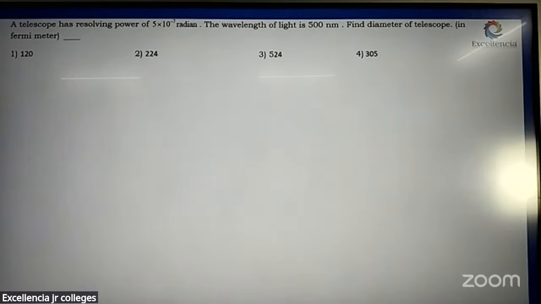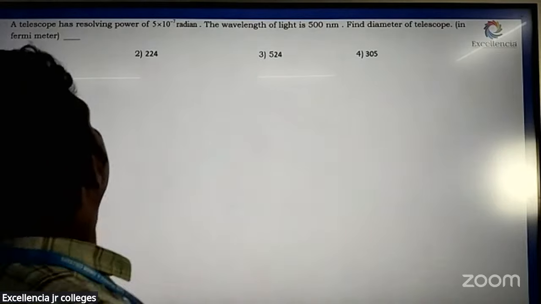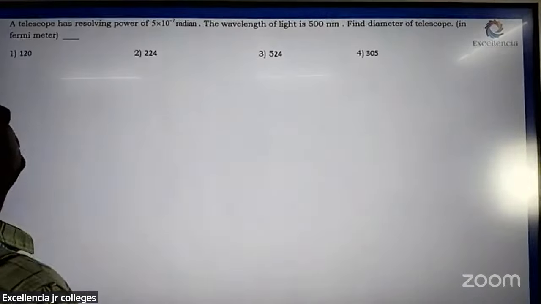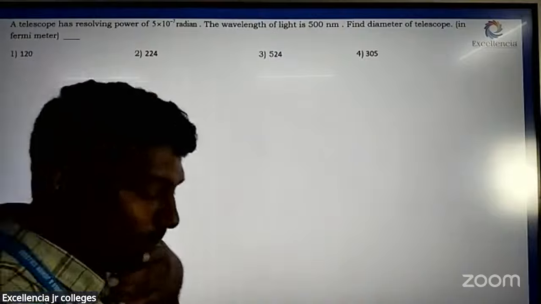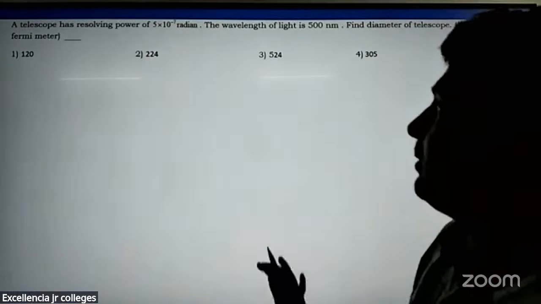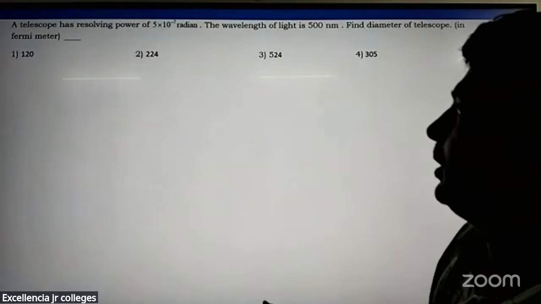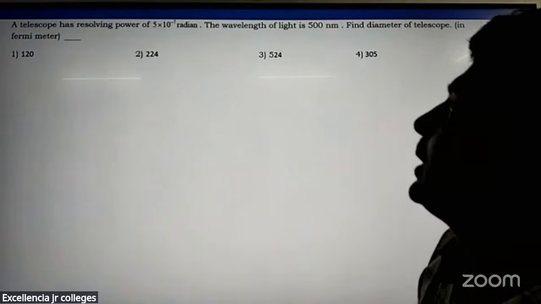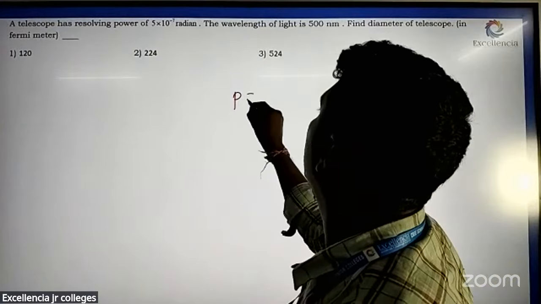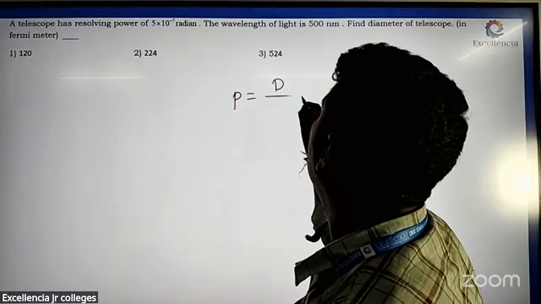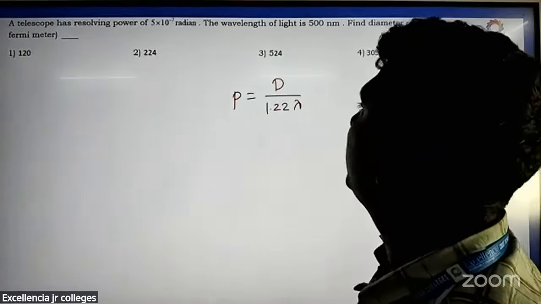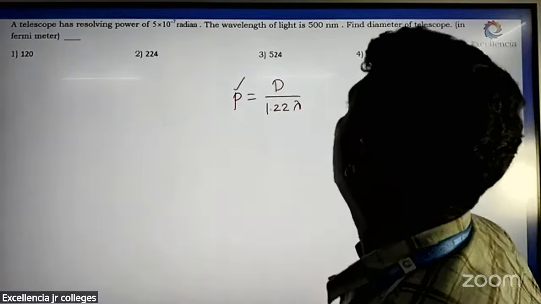Next one. A telescope has a resolving power of 5 into 10 to the power minus 7 radians. Let us see how they will calculate this. The resolving power of the telescope is D by 1.22 lambda. So here they given resolving power and wavelength.